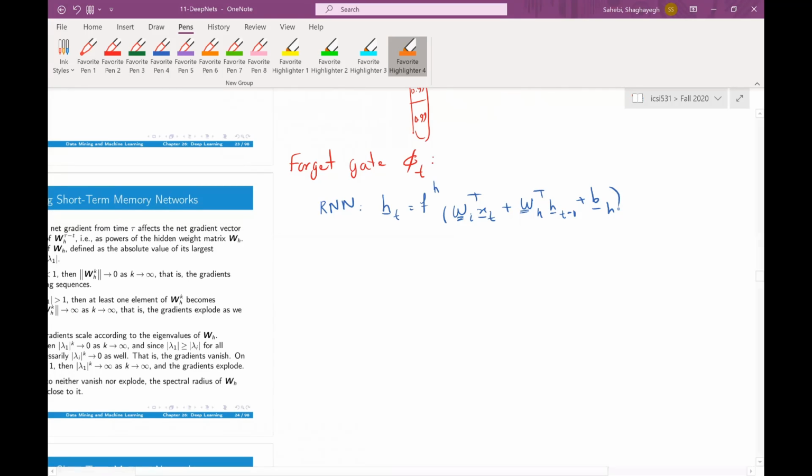Now, when we have this new forget gate phi t, we are going to modify this hidden state and remember just part of it and forget some other part of it, right?